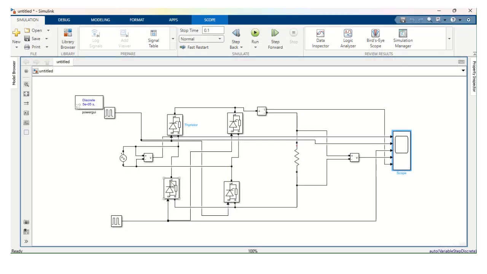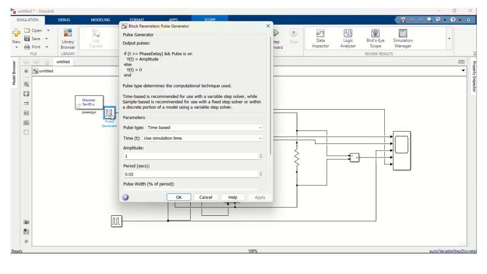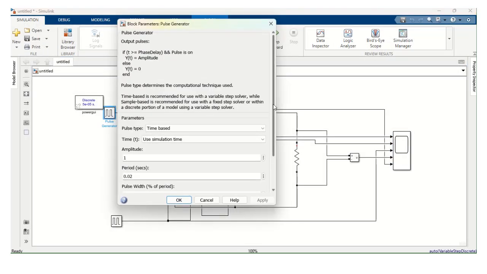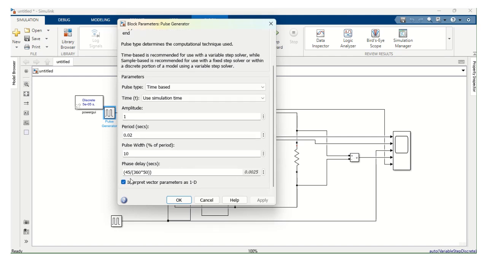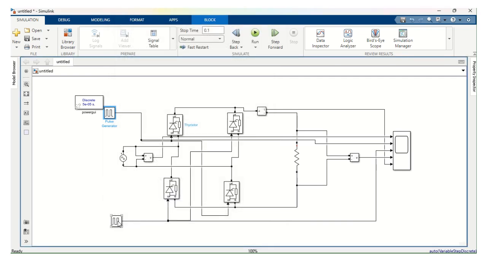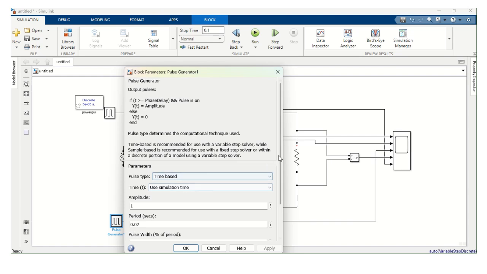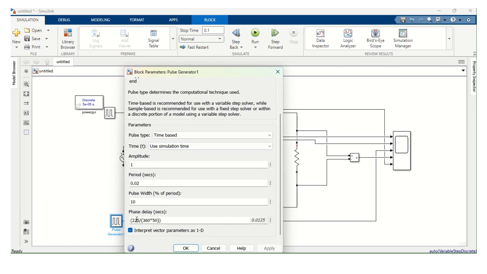Next, we are going to change the delay angle or firing angle to 90°. So for that, we have to change this 45 to 90°. 90°, apply, OK. And here pi plus 90. That means 180 plus 90. 180 plus 90 is 270.